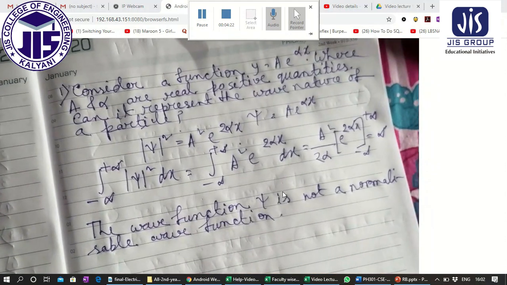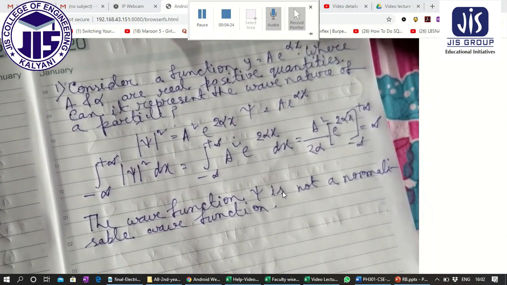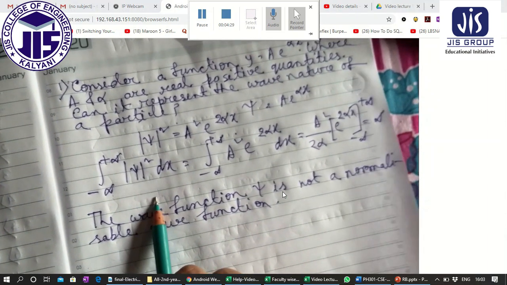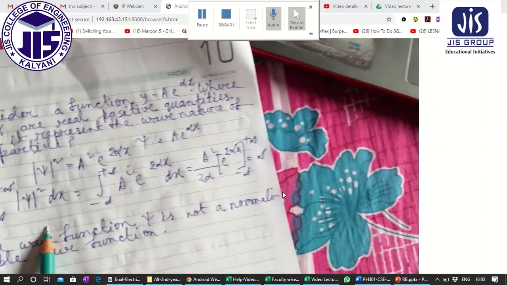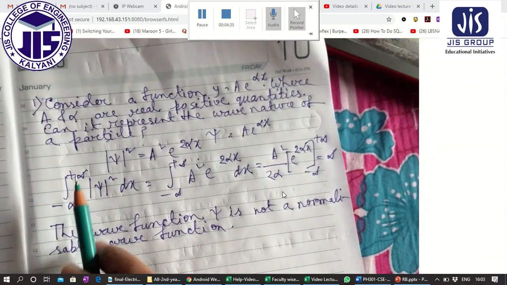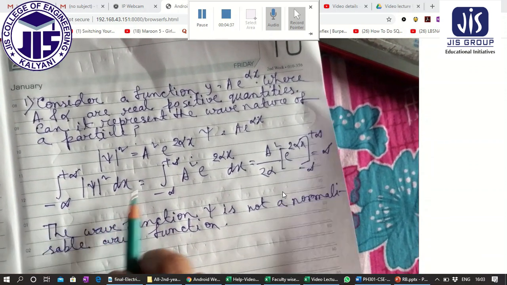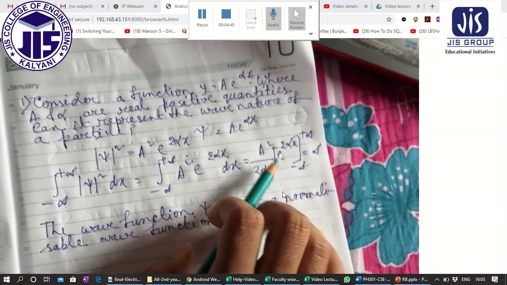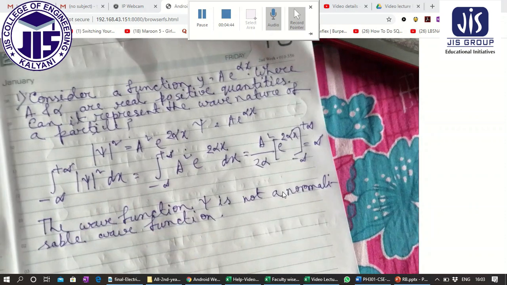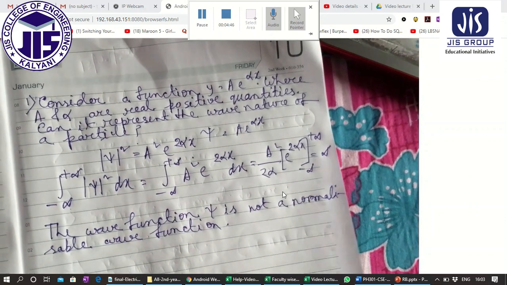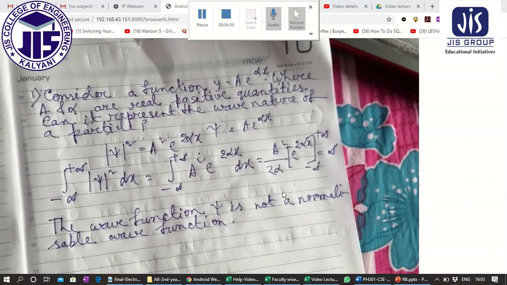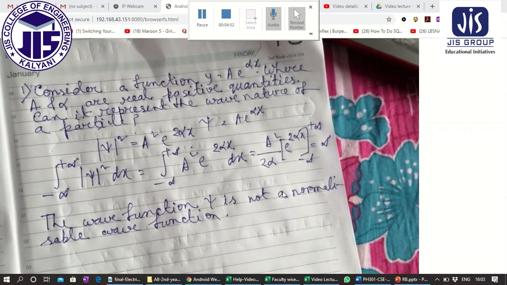To be an acceptable wave function, see, this is the normalization condition as I previously said: the integral from minus infinity to plus infinity of mod psi square dx. If it is equal to 1, then it is a normalizable wave function, and if it is normalizable, then we can say that it represents the wave nature of the particle.